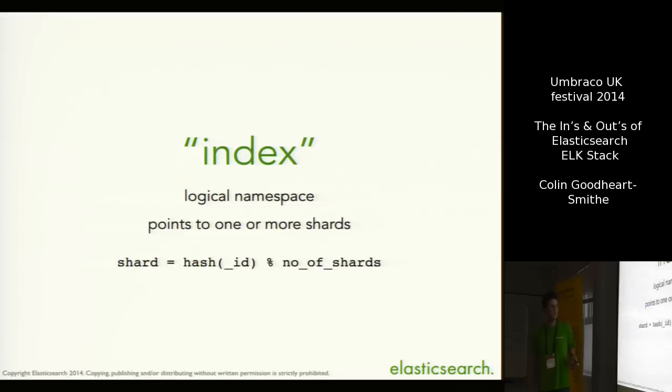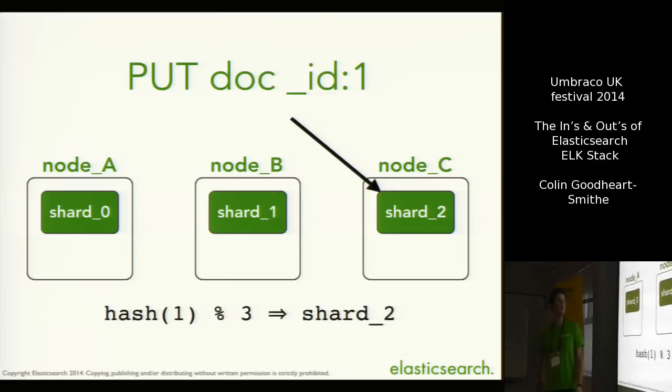This is the calculation we use to work out which shard a document is stored on. We take the ID of a document, take some hash of the ID, and then modulo it by the number of shards in your index, and that tells us the shard ID. I'll skip over this quite quickly because it's not massively interesting, but essentially if you index a document with ID 1, we'll run this little calculation, and it will tell us that that document should be stored on shard 2, and we store the document.